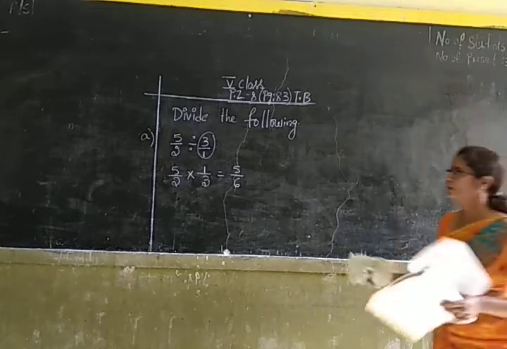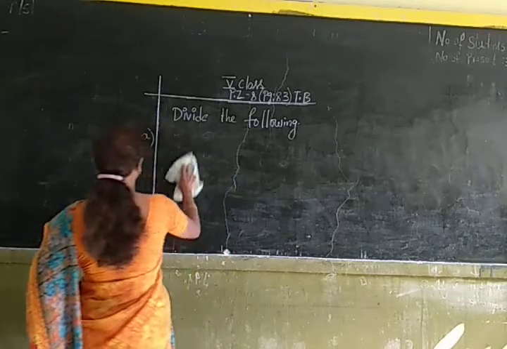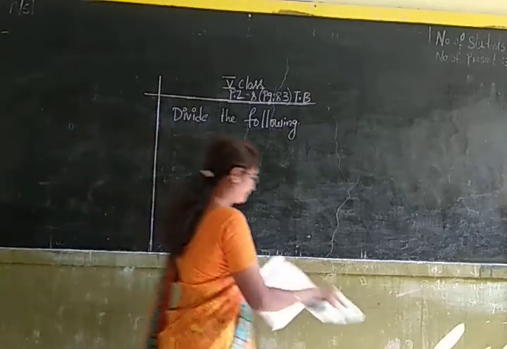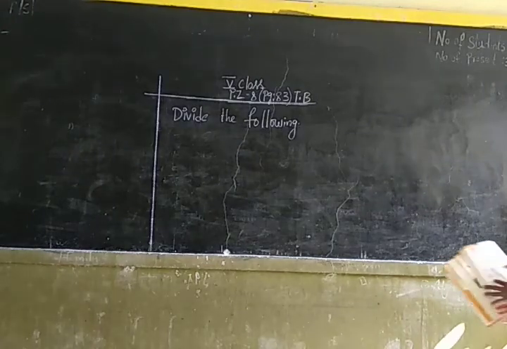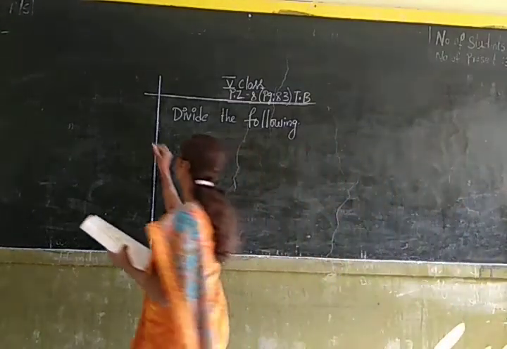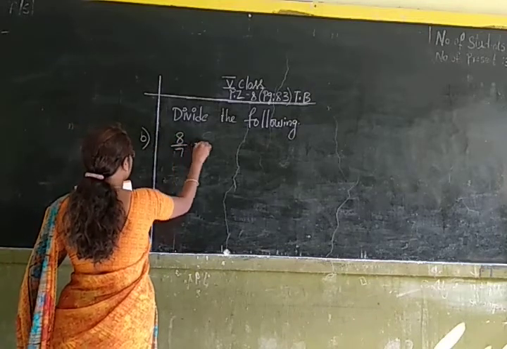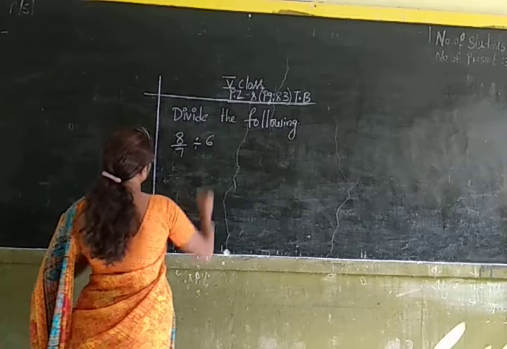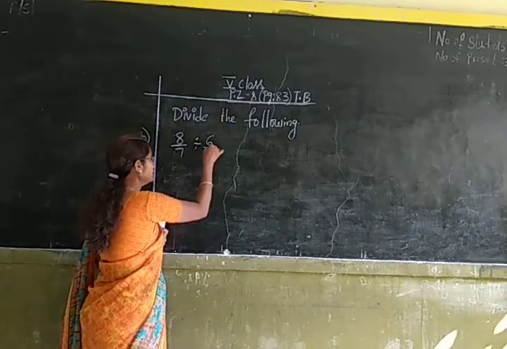Now let us do the B sum. 8 by 7 divided by 6. Here we have to assume that there is 1.